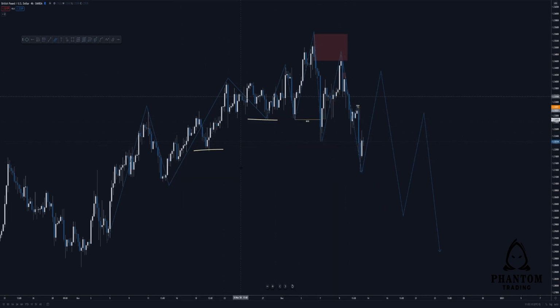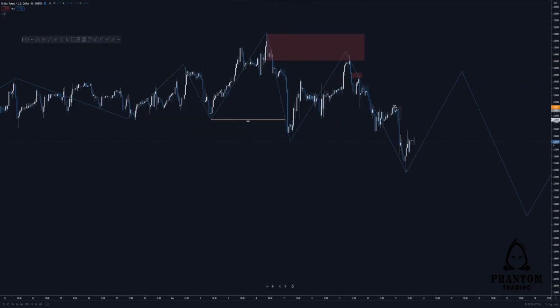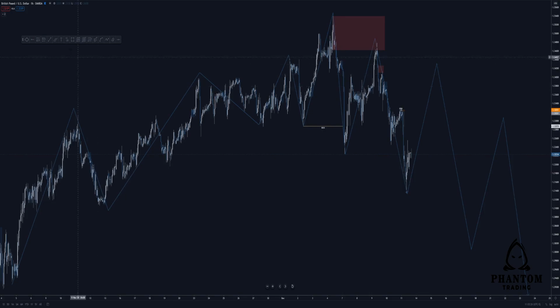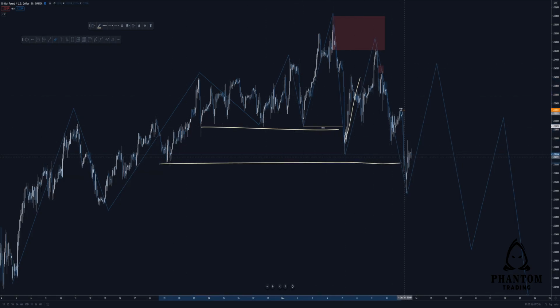If we look at, let's look at the 60-minute, you can kind of see here, right? Let's open this up a little bit, right? We can see price ultimately sweeps the equal lows, retraces, and then it breaks this level here, right? And then it starts to retrace.